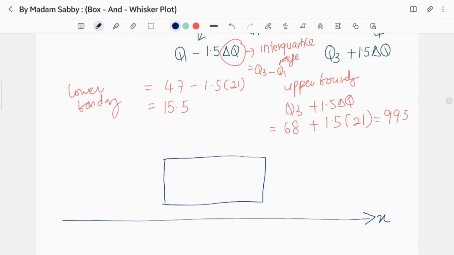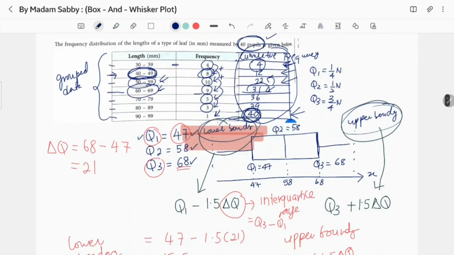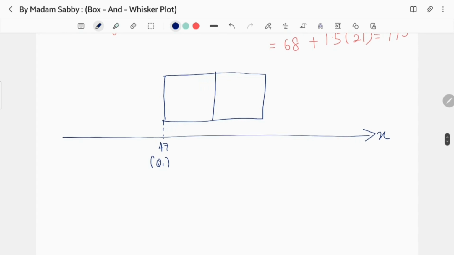Your first quartile is at 47, so 47 is Q1. Then your median is 58, so this is 58 and it's your Q2. Then your third quartile is at 68, so this is your Q3.